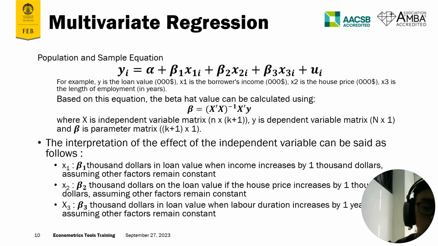So if you want to do a regress between the x1 and y, and then yeah, you make a regression of x to the y and something like that. So yeah, this is how the multiple regression, multivariate regression actually can be a little bit different with the previous one.